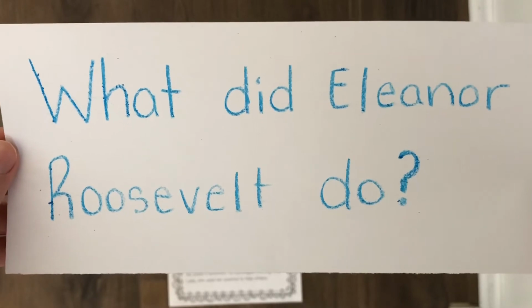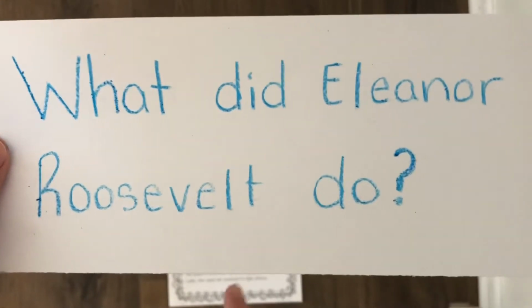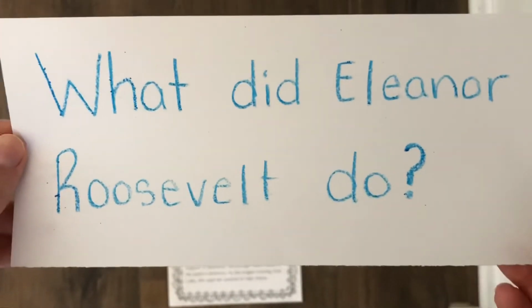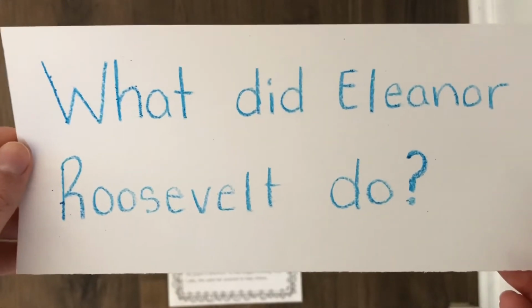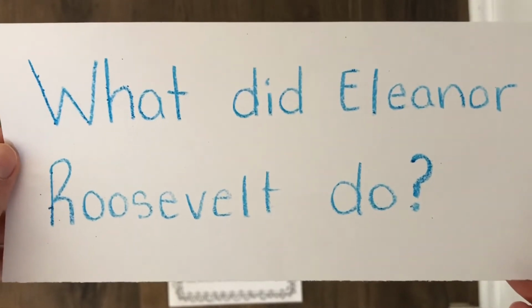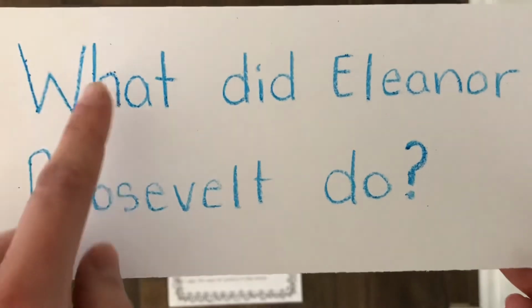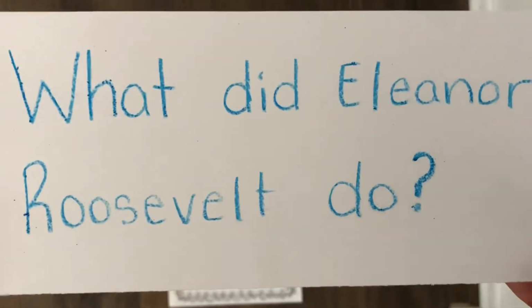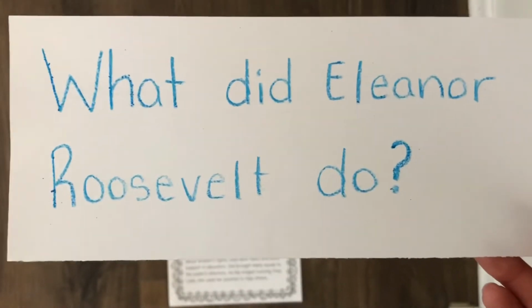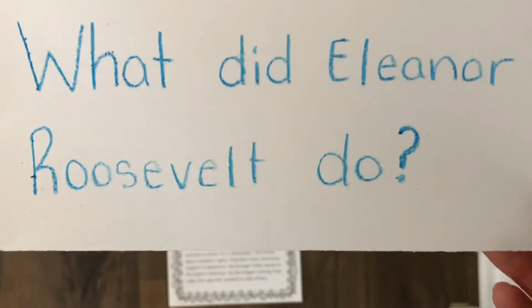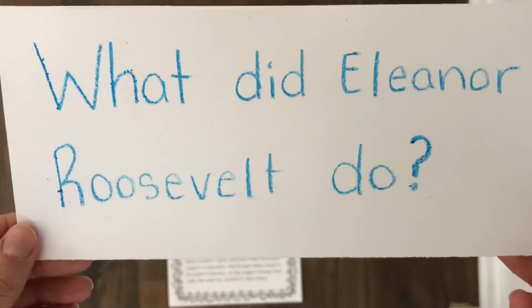So, you may need to read the entire text again, but I want you to look through the text and see if you can find the answer to what did Eleanor Roosevelt do? Then we'll come back and we will highlight the evidence together.